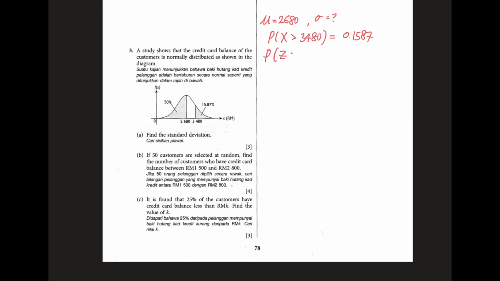I change the percentage to decimal. Now I change it to z-score first. Z more than (3480 minus mean) divided by standard deviation equals 0.1587. Then I simplify the fraction: 3480 minus 2680 is 800, so 800 over sigma, 0.1587.